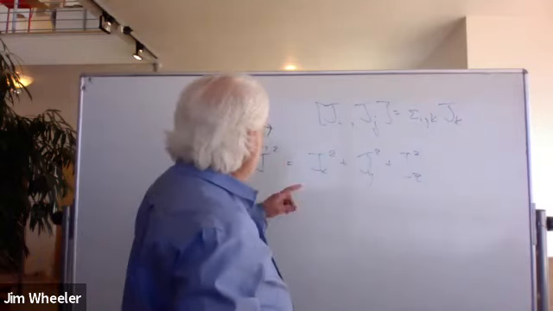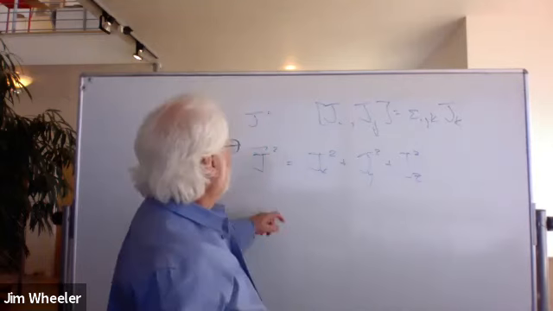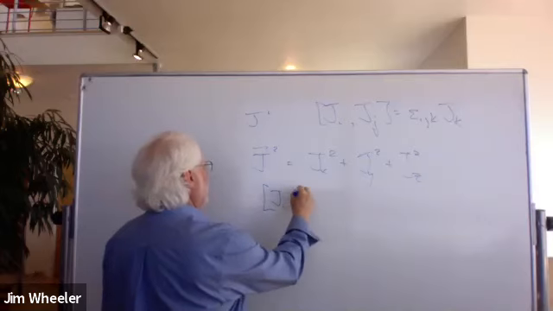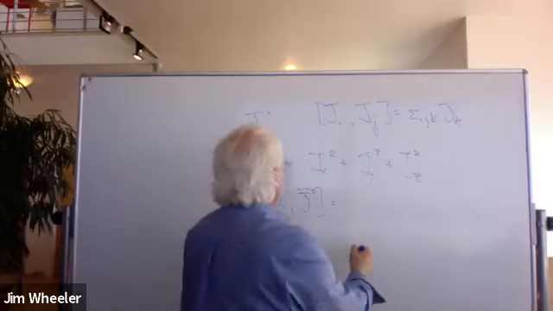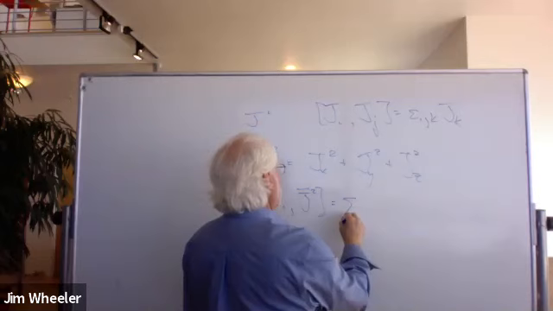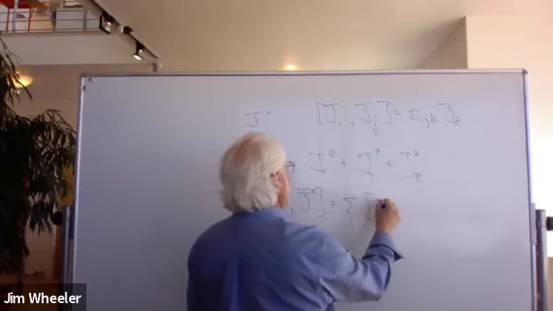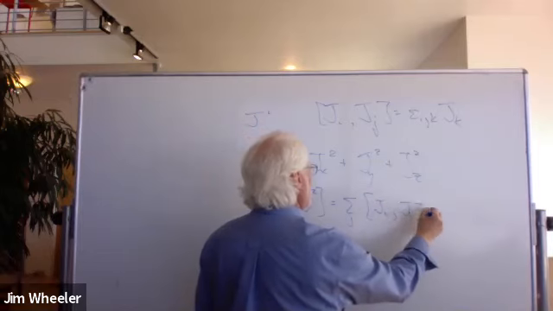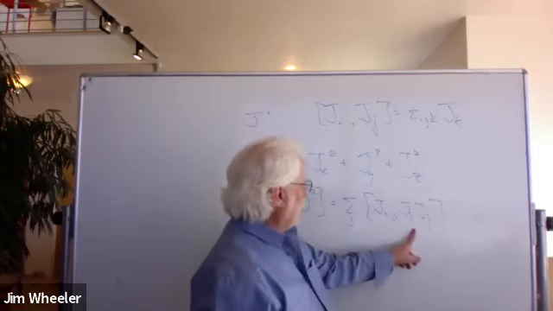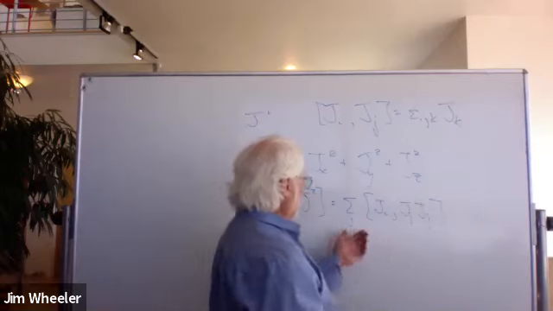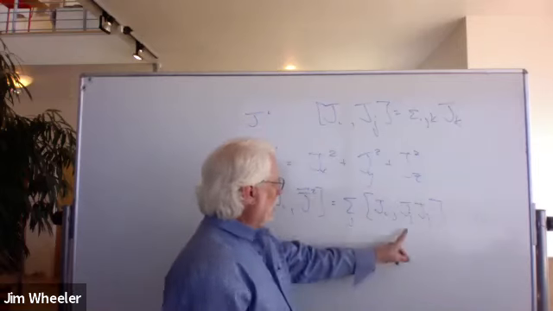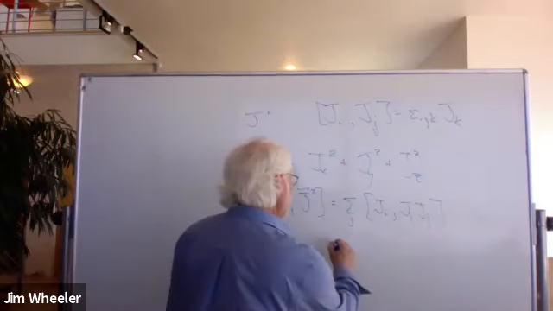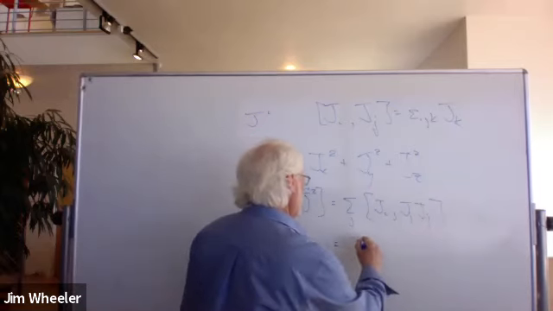Not hard to see that this commutes with everything, because if I take J_i with J squared, that's a sum on j, we have J_i with J_j J_j like this. So I'll write the square that way. Now, if you haven't ever seen this identity, prove it.